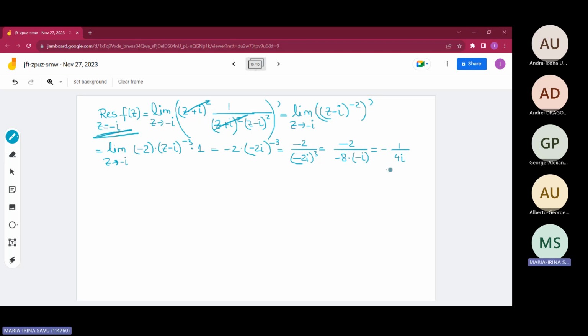Okay, the first residue has this value, and let's find the residue at z equals i. So you have the limit when z goes to i of z minus the pole, which is i, to the order of the pole, which is 2, times the function, which will also be written in this way. And again, you have to compute the first derivative of this function.